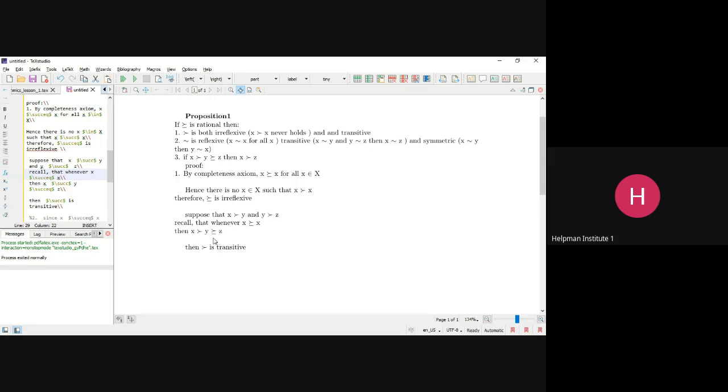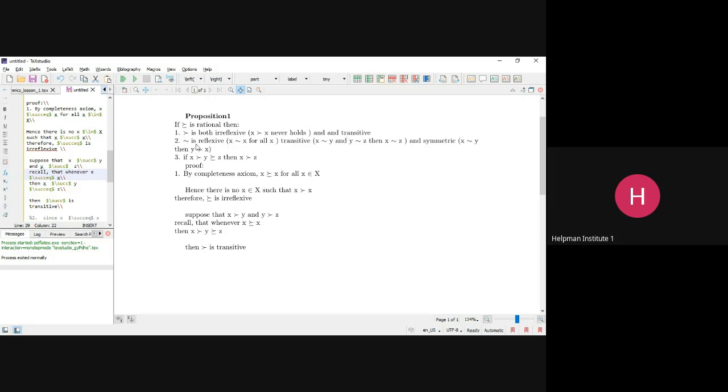Then transitivity has occurred, because x is preferred to y, y is preferred to z, and x strictly dominates z from this. So we can say that our strict preference is also transitive.